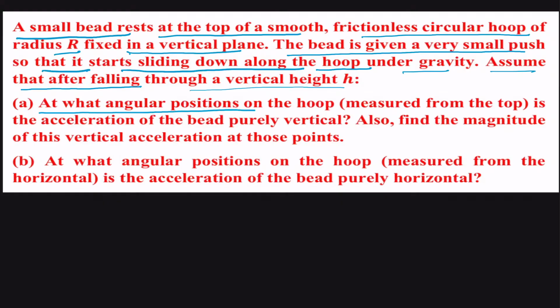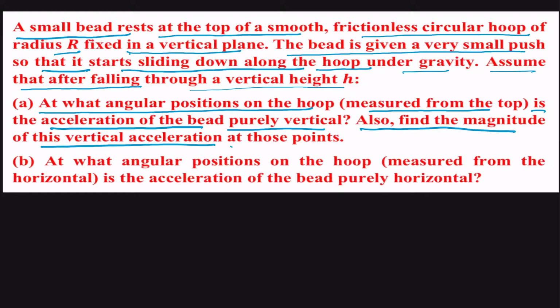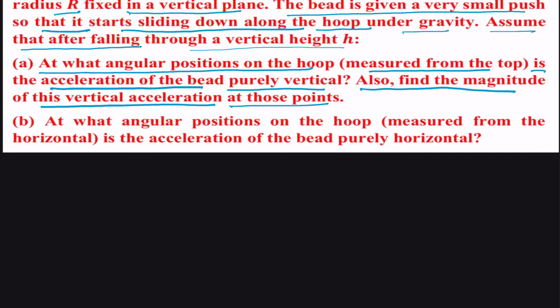Part A: at what angular position on the hoop, measured from the top, is the acceleration of the bead purely vertical? Also find the magnitude of this vertical acceleration at those points. And part B: at what angular position on the hoop, measured from the horizontal, is the acceleration of the bead purely horizontal? So these are the two questions.